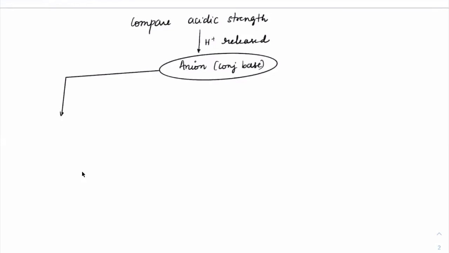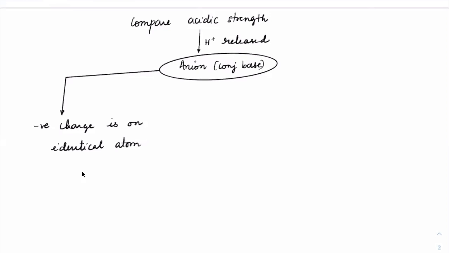One, the charge. If you check the anion charge, whether the charge is identical, are we comparing between identical atoms? So if the negative charge is on an identical atom, like you are comparing two acids, both of which have O minus charge on them, that is the first thing you are checking.